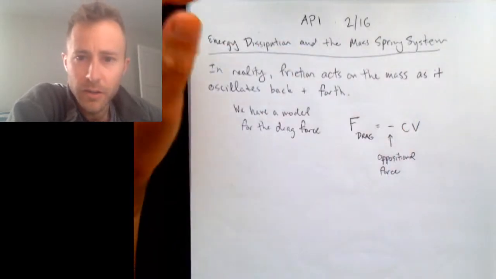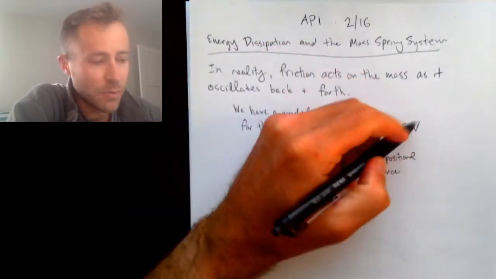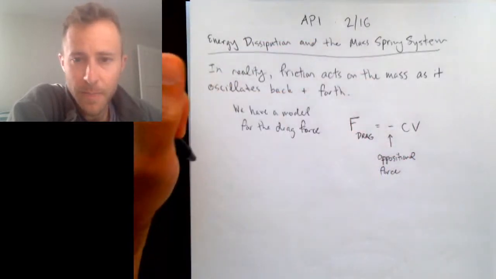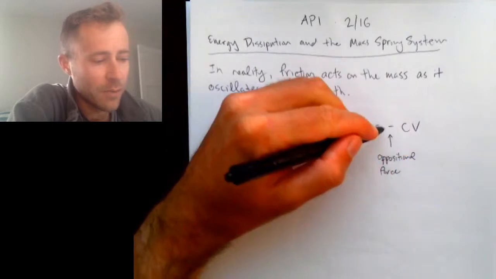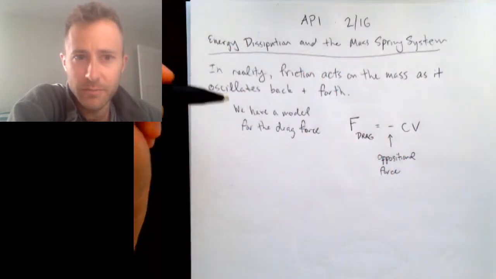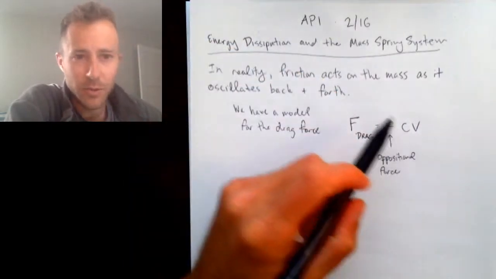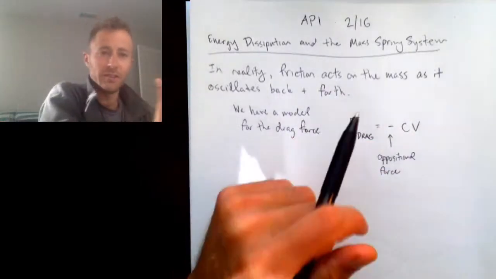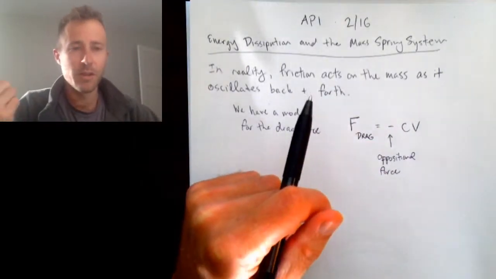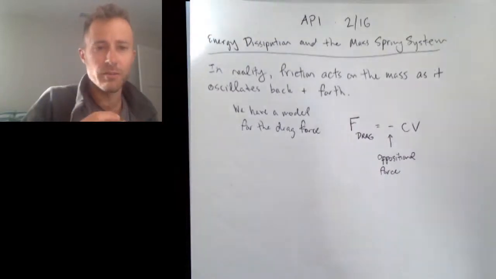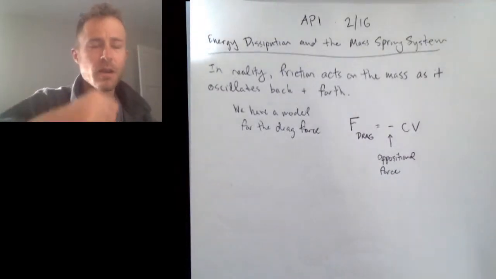In other words, if the velocity is positive, then the drag force is going to be negative. So if you're sliding to the right in a mass spring system, drag is going to push you to the left and try to slow you down.